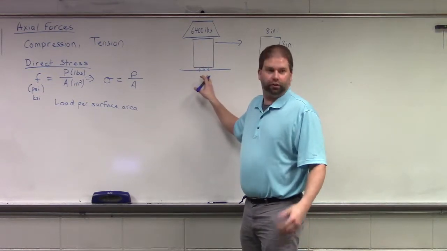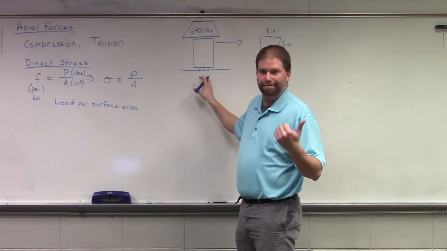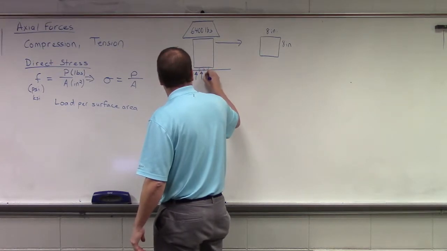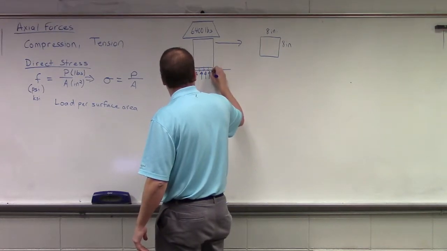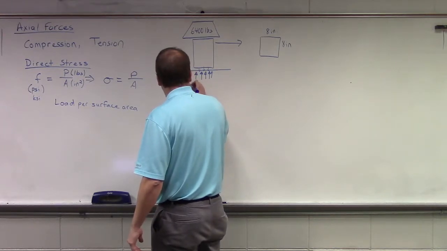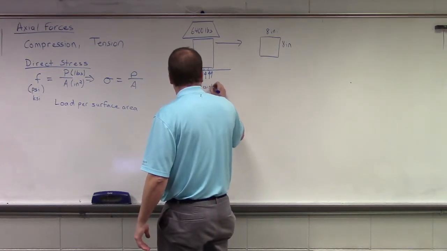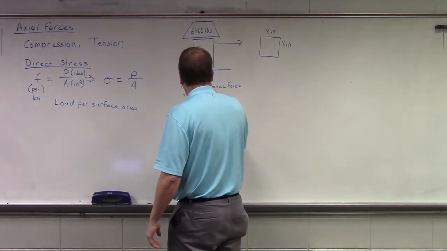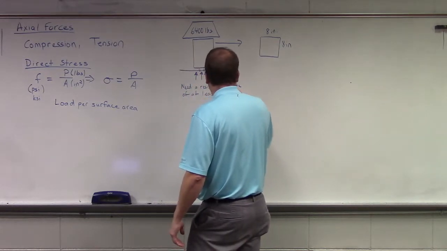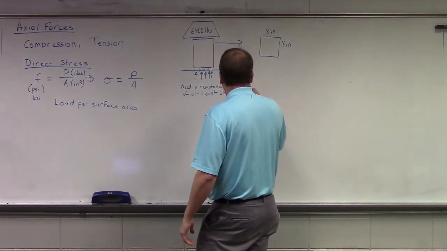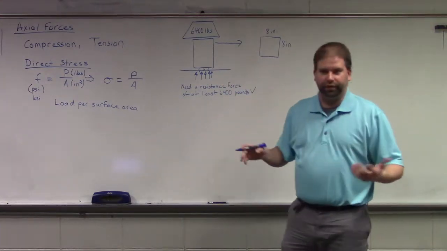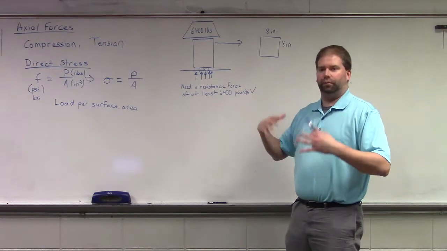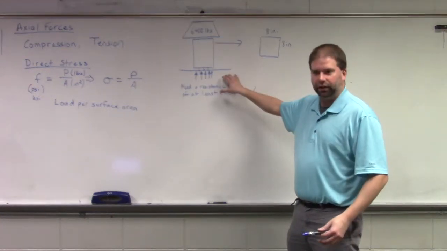It needs to be able to support a minimum of 6,400 pounds, so we need a resistance force of at least 6,400 pounds. For the purposes of this example, we're not going to examine that because we don't know any of the properties of the soil, but we'll assume we have that capacity.